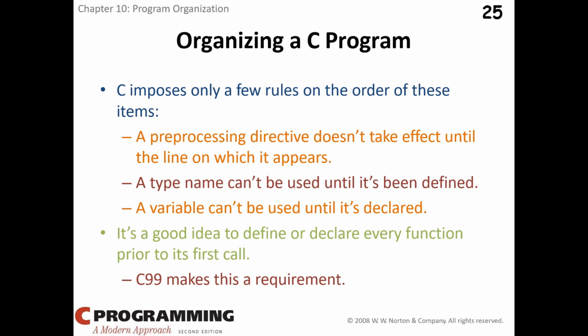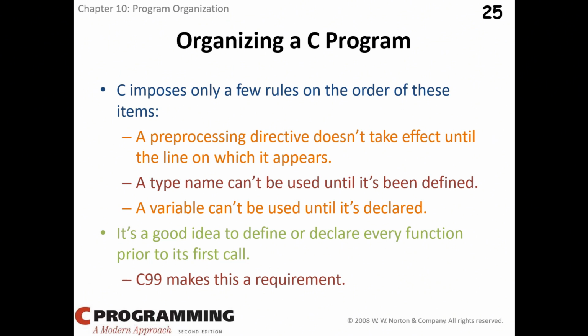When organizing a C program, it's essential to understand the rules governing the order of its components. Firstly, a preprocessing directive such as include or define doesn't take effect until the line on which it appears. This means that the preprocessor processes directives in the order they appear in the code.